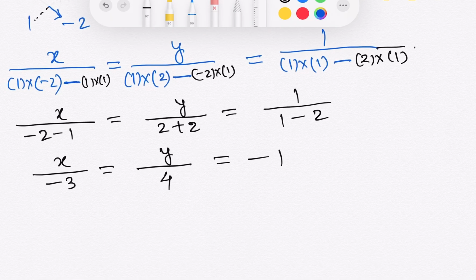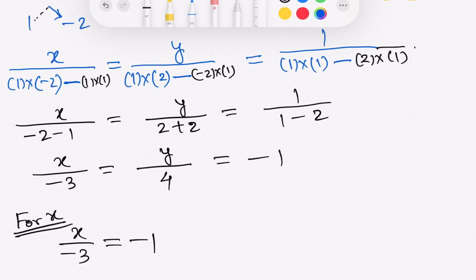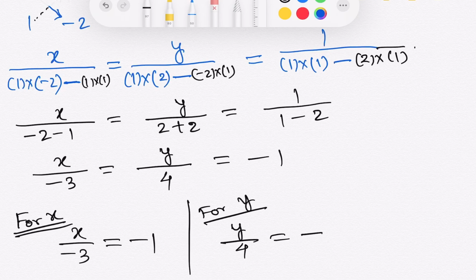After that you calculate for x. For x you write here the x part, x divided by minus 3. When you calculate x, then it equals the constant part which is minus 1. For the y part, so when you calculate the y variable, you write here the y part which is y divided by 4 equals the constant part.